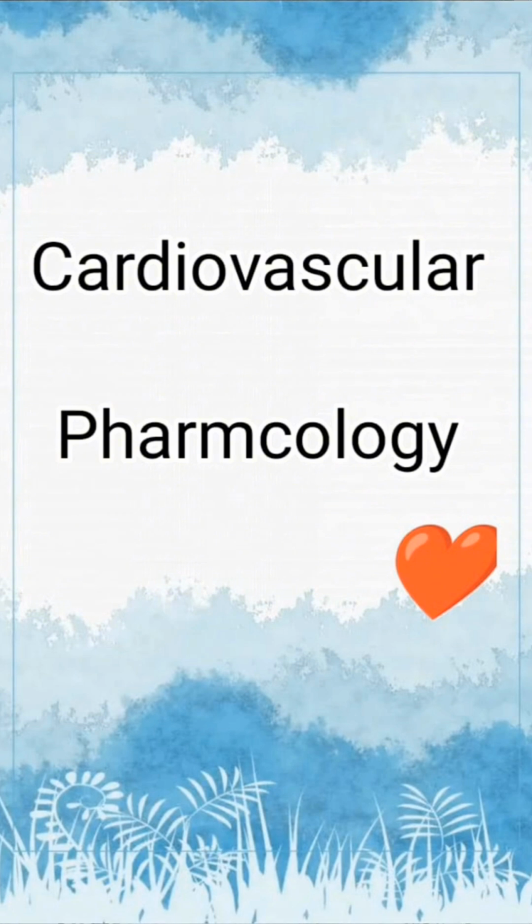While we usually give beta blockers for long-term management of heart failure, their negative inotropic effect, that is reducing heart muscle contractility, can be detrimental in the acute setting when the heart is already struggling to pump blood effectively. So be careful when prescribing beta blockers in decompensated heart failure. Beta blockers are also contraindicated in cardiogenic shock for the same reason.